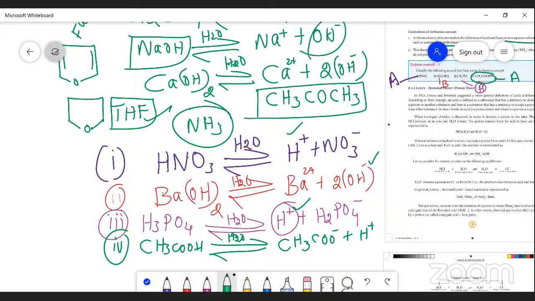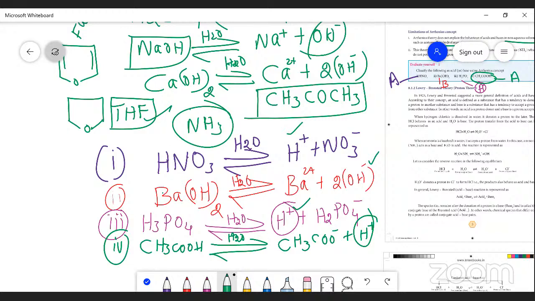Acetic acid also produces H+ ion, so that is an acid. Among the 4, nitric acid is an acid, barium hydroxide is a base, phosphoric acid is an acid, and acetic acid is an acid. Okay, now it is clear what is acid and what is base based on the Arrhenius concept.